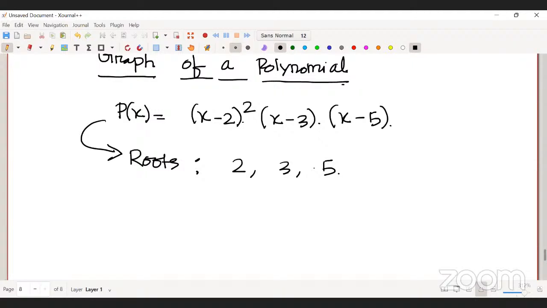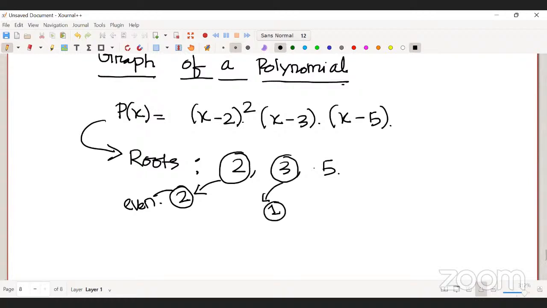What is the multiplicity of 2 here? 2, which is even. What is the multiplicity of 3 here? 1, which is odd. And similarly, what is the multiplicity of 5? 1, and that is odd.